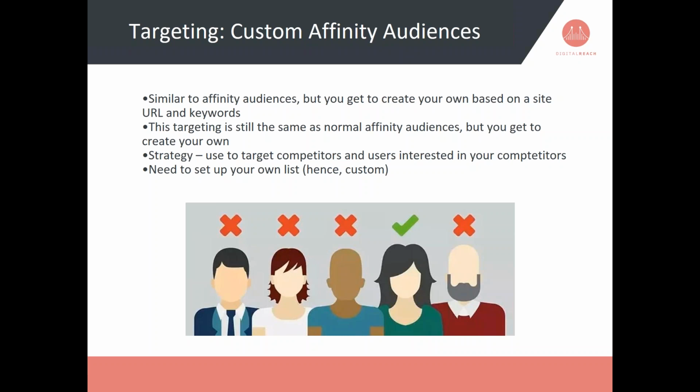I would say the biggest drawback to custom affinity audiences is that you have to create your own, so it's a little more work, but honestly, once you get the hang of this, it's not hard. It's just clicking through the buttons and inserting the URLs and your keywords. It's pretty easy to set up the list if you're relatively familiar with AdWords.